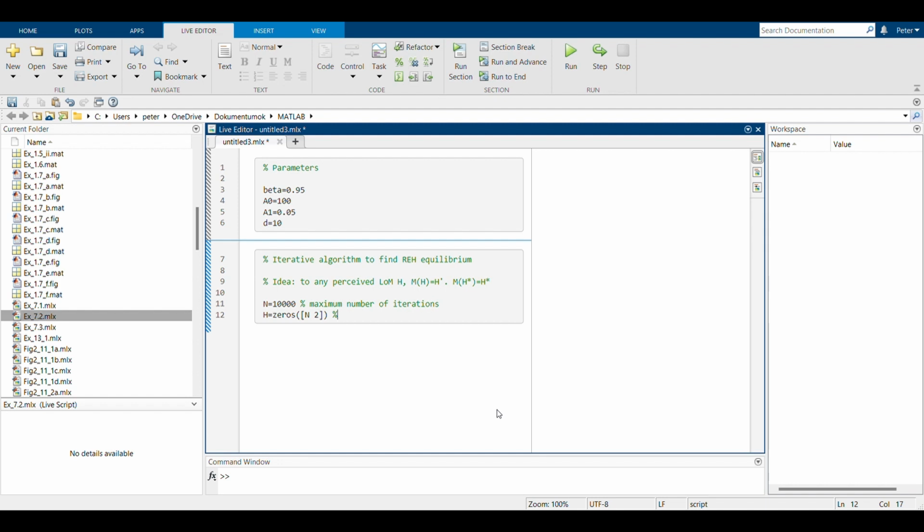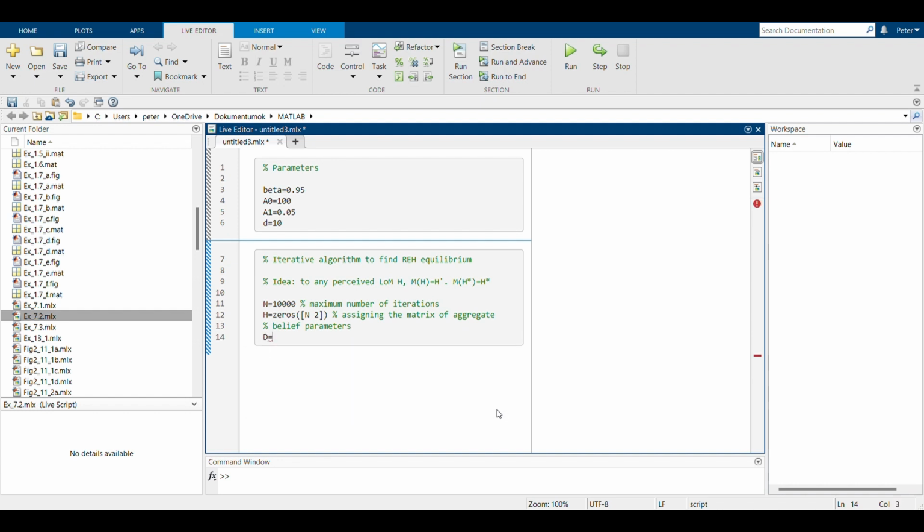We can easily compare the rows, the consecutive rows of such a matrix. So here we are assigning the matrix of aggregate belief parameters. Okay, NH.